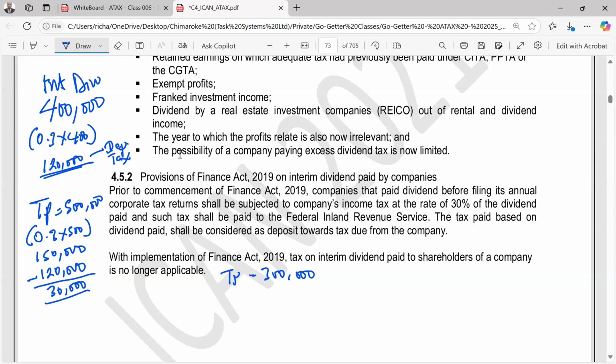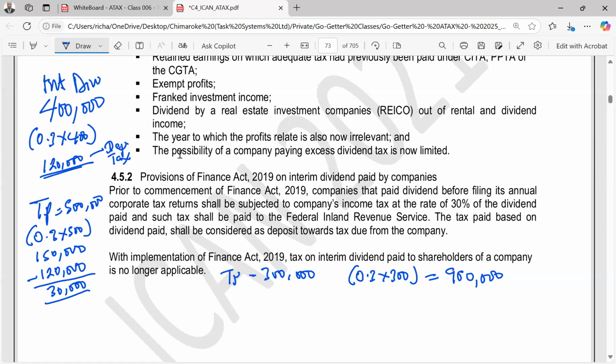What happens is that your tax is supposed to be 0.3 of 300,000, which is 90,000.